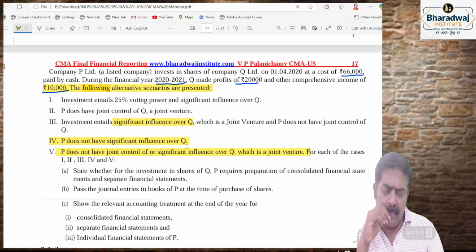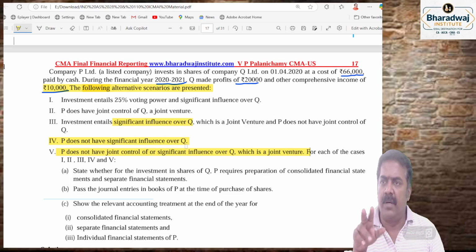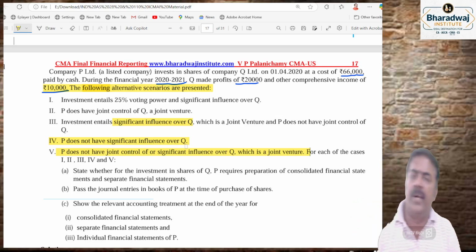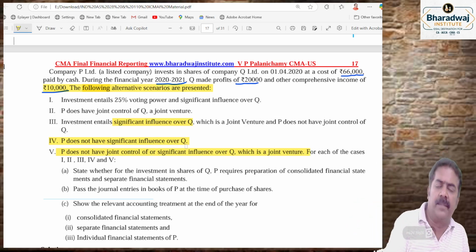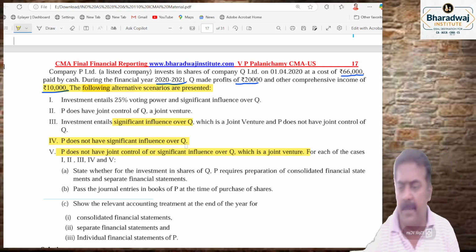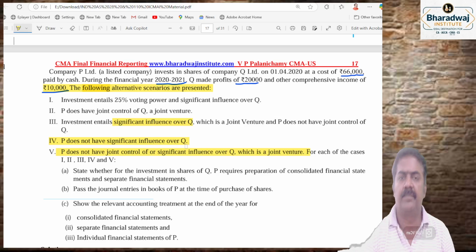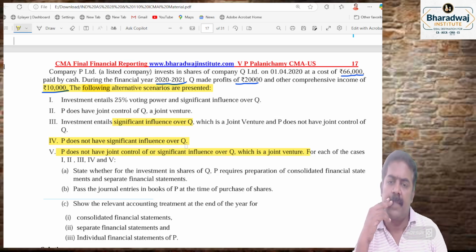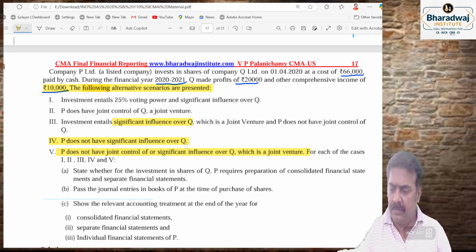Associates having 20% or more voting power.